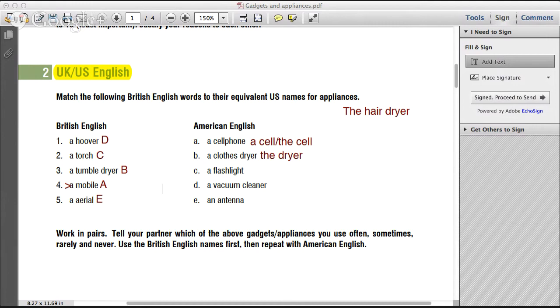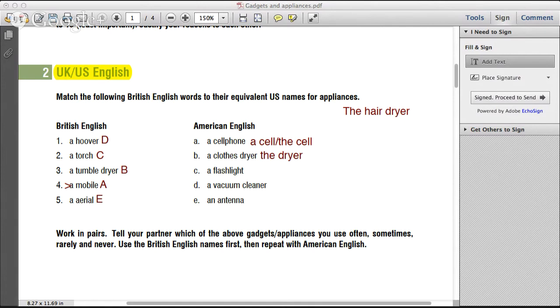But we call it a cell phone, and then we break it down into cell or phone. If you do say mobile, we'll understand you. It's not like we won't. We know what it is, but we just don't use it because it's a funny word for us.